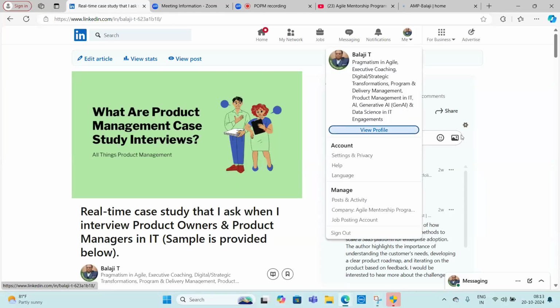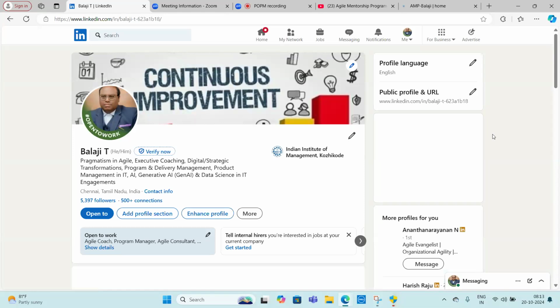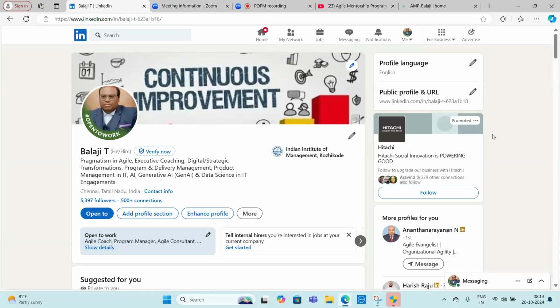Okay, so let me make a quick introduction about myself. My name is Balaji, and I am presently heading the merger of Agile COE with the DevOps COE and also Enterprise AI COE.